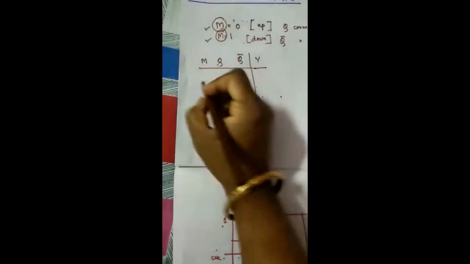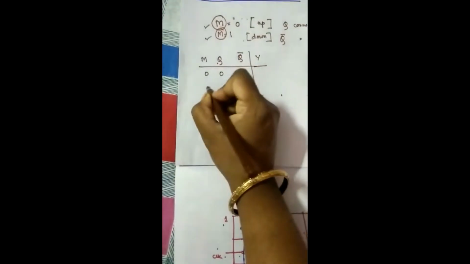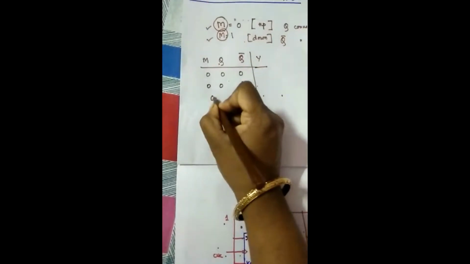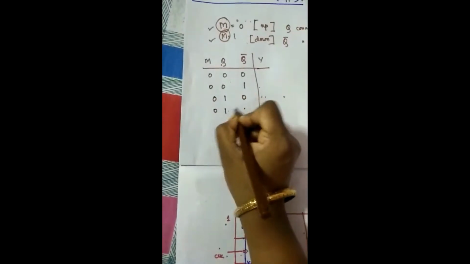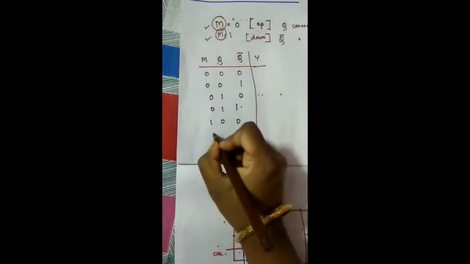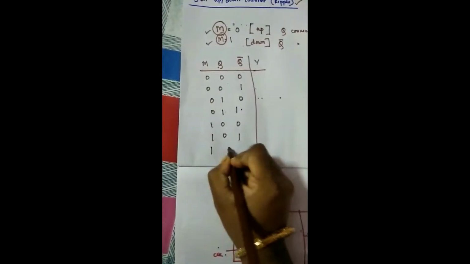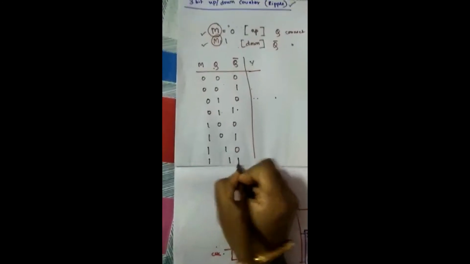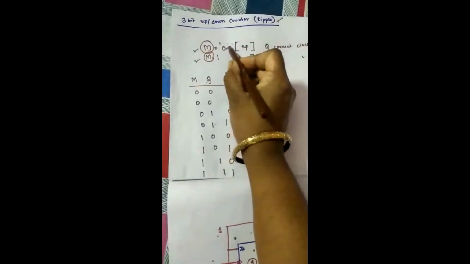For that we require this truth table. So these are M, Q, Q bar. We write down the combinations: 000, 001, 010, 011, 100, 101, 110, and finally 111. Now you see we are dividing the control input into 0 and 1.